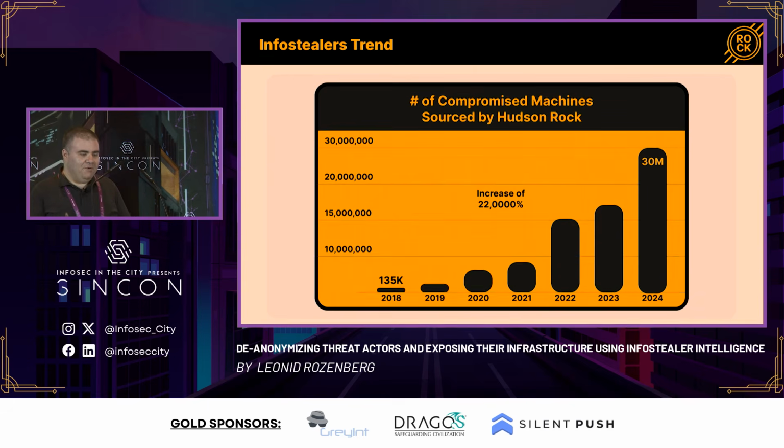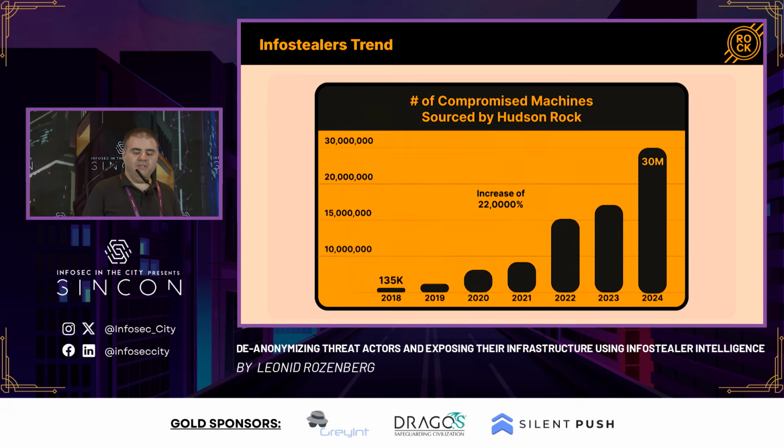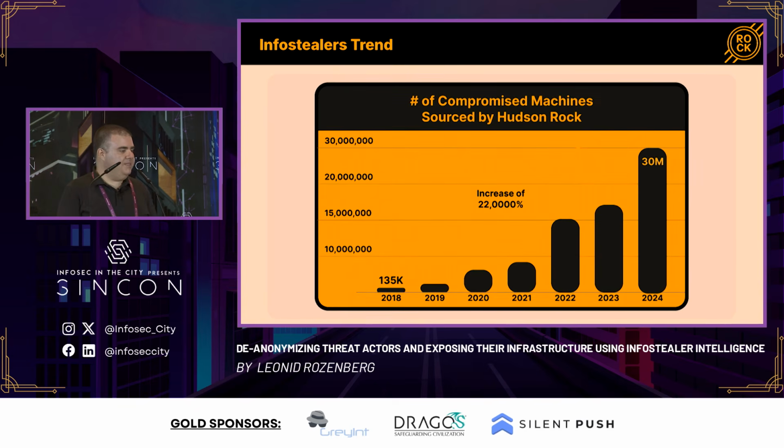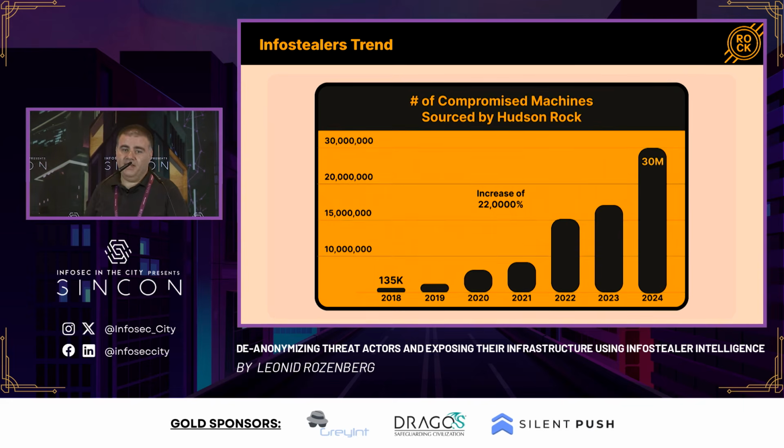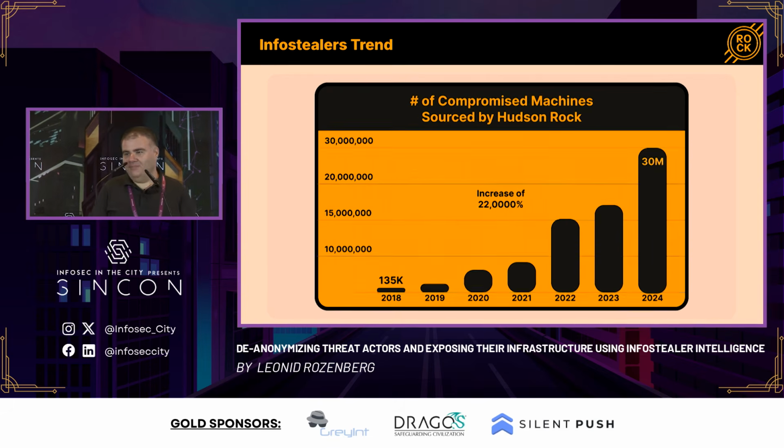So we started to dig in our repository that contains data from over 31 million compromised computers. And by the way, back in the days, I'm speaking about maybe 2018 or 2019, I believe this research was not so possible because we were speaking about 135K infections per year. But today we're speaking about those numbers per week. So we started to dig in. And what do you think we discovered? We didn't find 2, and not even 5, and not even 47.